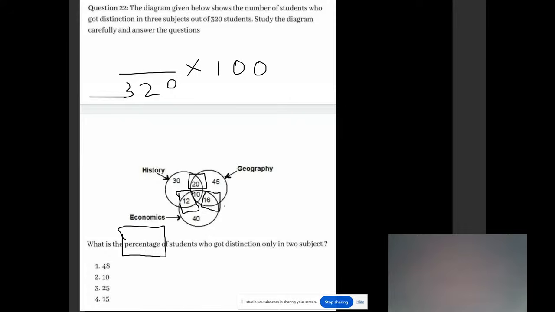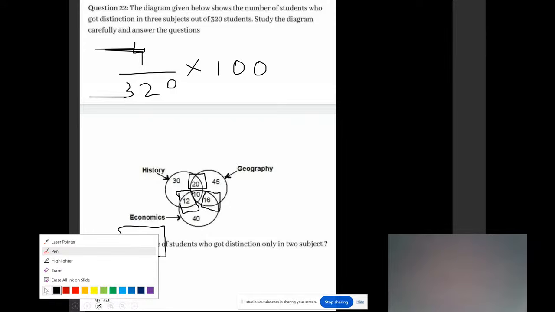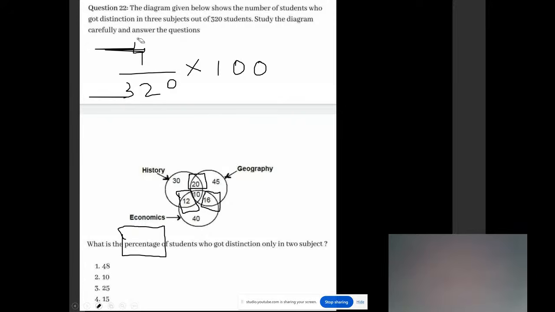If you consider 20, 12, and 16, we get 48. So 48 out of 320 into 100.